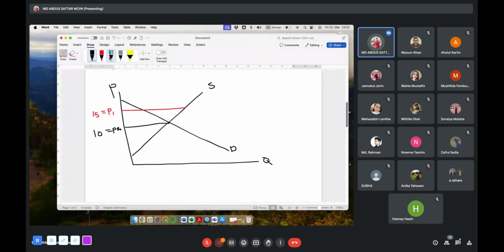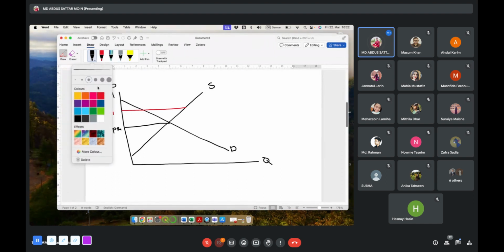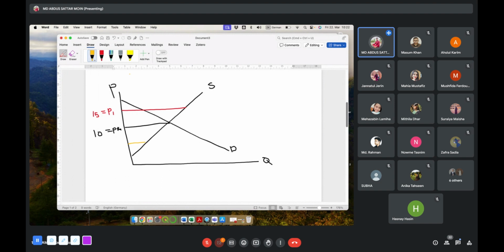Now instead of that, let's say the government sets a ceiling price over here, which is let's say P2, and this P2 is 5 taka.